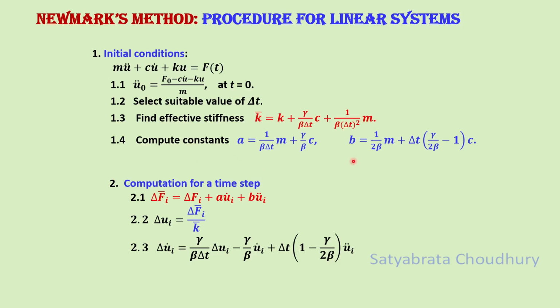And you have to calculate two constants given by Newmark: A is given by this expression and B is given by this expression. In the beginning you can calculate all of this. Here m is the mass, c is the damping coefficient, and gamma and beta are the factors you have already taken based on the linear acceleration method or average acceleration method.